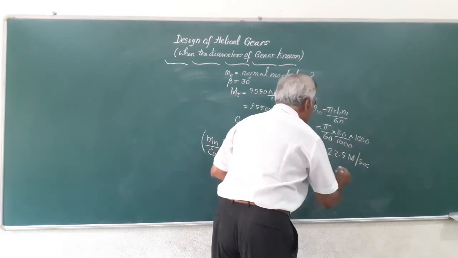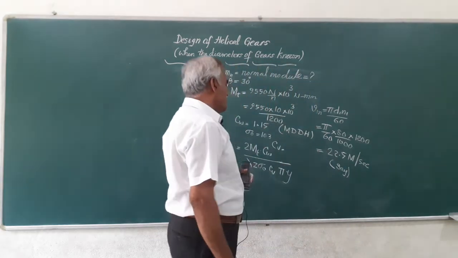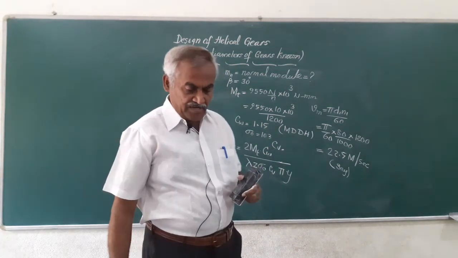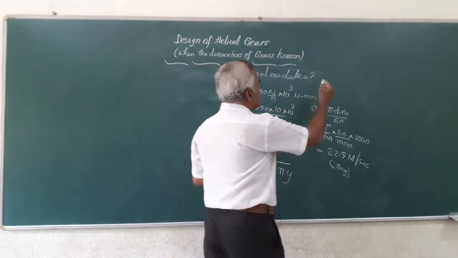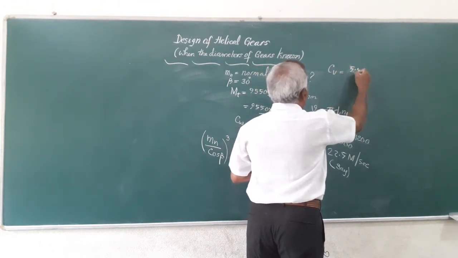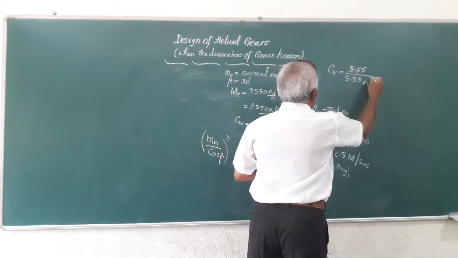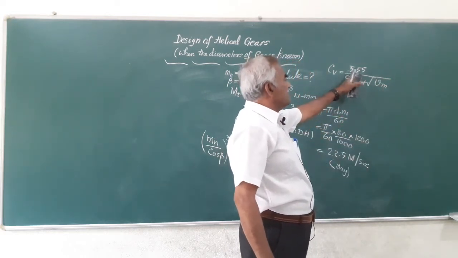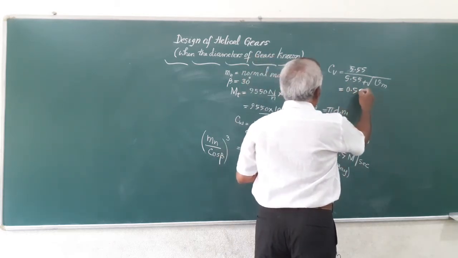I am not calculating this value, I simply assume it. Once we have this value of Vm, we can find out CV, and you know very well, whenever the velocity is greater than 20 meter per second, the equation for CV is 5.55 divided by 5.55 plus square root of Vm. In some data handbooks, this value is given as 5.6. It will not make much difference. Say you are getting 0.56.